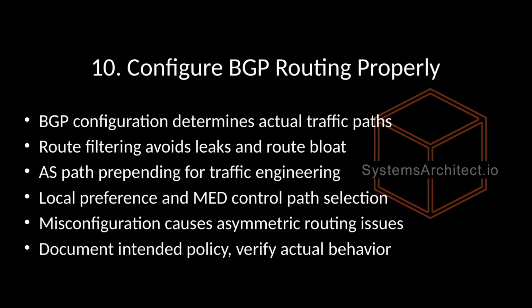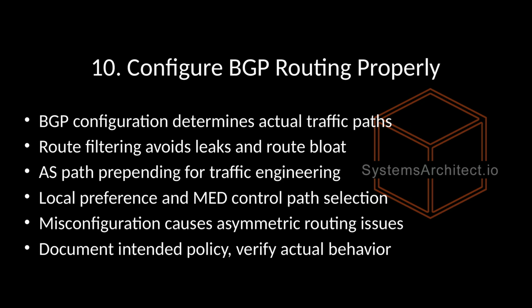10. Configure BGP routing properly. Direct Connect uses BGP to exchange routes. How you configure that session determines your traffic's path. Proper route filtering means advertising only intended prefixes. It also means accepting only routes you actually need. AS path prepending engineers traffic across multiple connections.